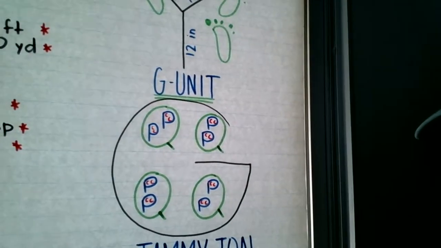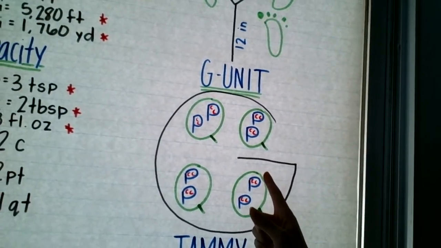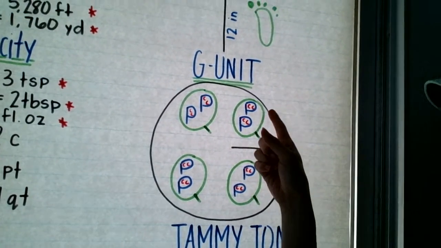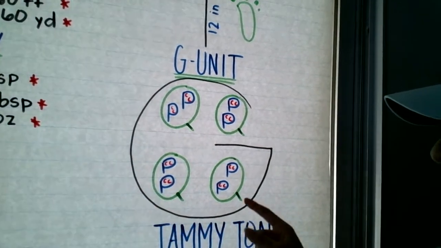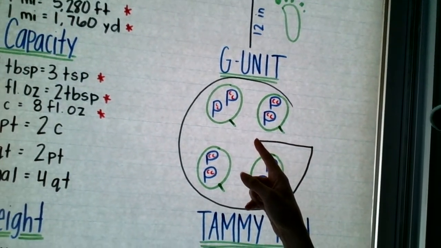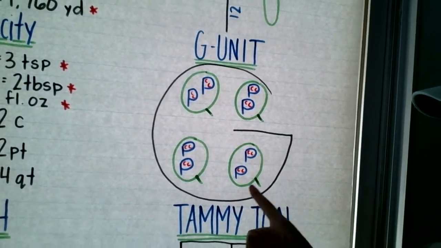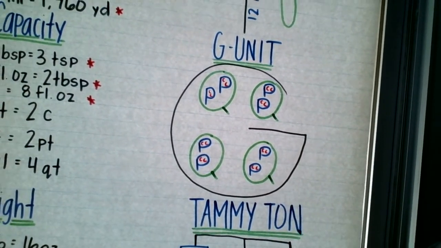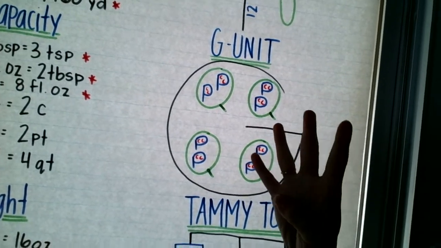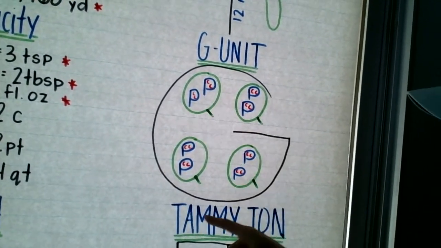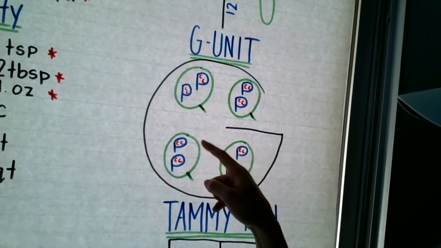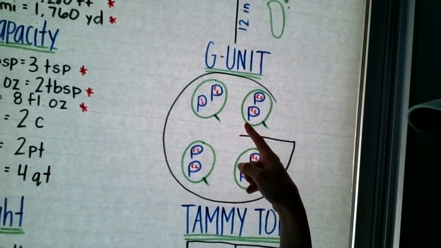Now our helper for this is G unit. As you can see, I have 1 big gallon. That's what the G stands for. Let's look. 1 gallon is equal to 4 quarts. How many Q's do you see in the gallon? 4, right? So 1 gallon equals 4 quarts.